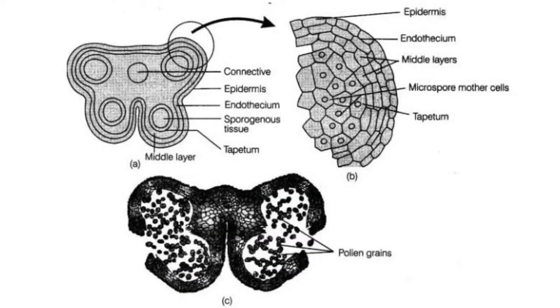When anther is young, a group of compactly arranged homogeneous cells called the sporogenous tissue occupies the center of each microsporangium. Now when I talk about microsporogenesis, each cell of the sporogenous tissue is a pollen mother cell, which we also say as PMC or microspore mother cell, and can give rise to a microspore tetrad.